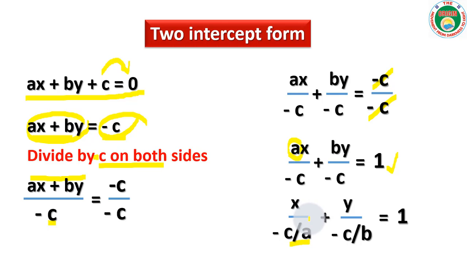This is one application. And by by minus c is written as y by minus c by b. The denominators you should observe: x by minus c by a plus y by minus c by b equal to 1.